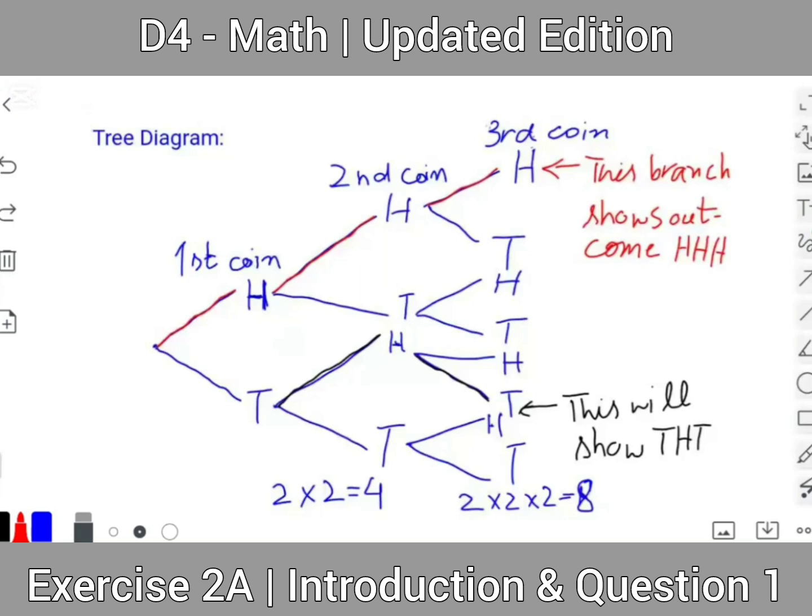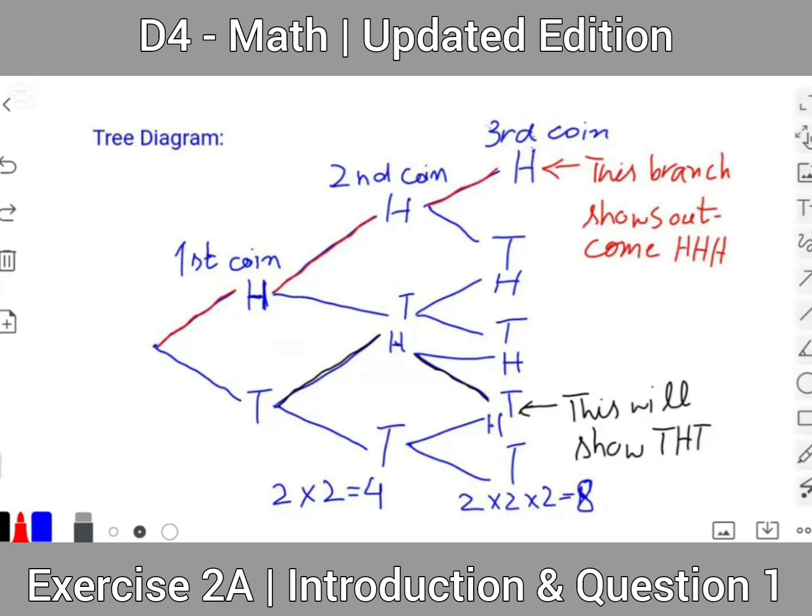So the second coin would also yield either a head or a tail. Thus we draw two branches after the head and tail from the first toss as shown. There are a total of 2 times 2 equals 4 branches. There are 4 possible outcomes at this stage. So we indicate the second coin on the top of the 4 branches.